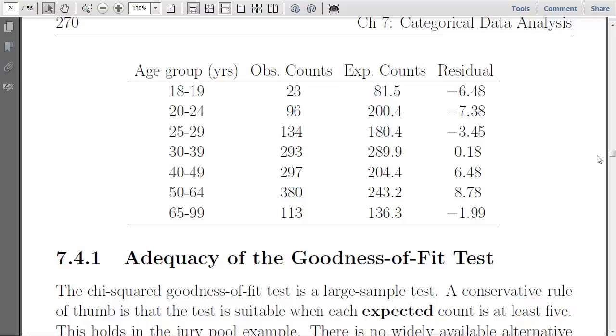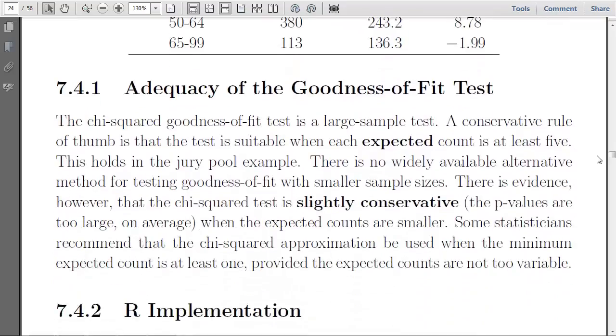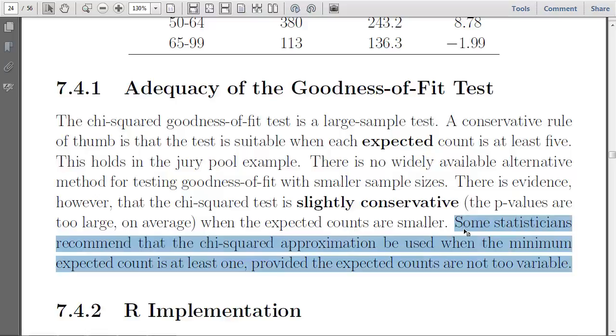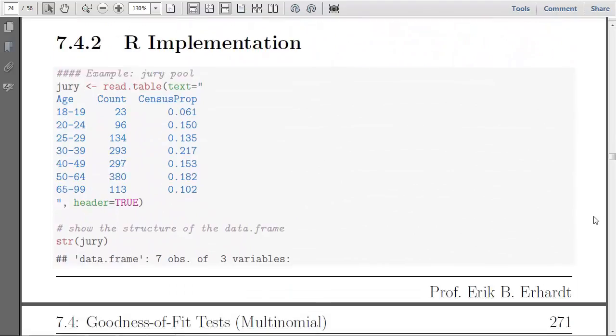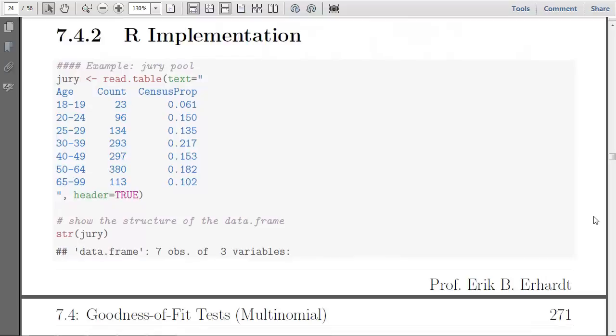There are some simulation studies that say that would be fine. So I will suggest that you have at least 5 in each category, but if you're stuck, you can come back to these notes and use this as a citation, perhaps try to dig up the actual information for that.